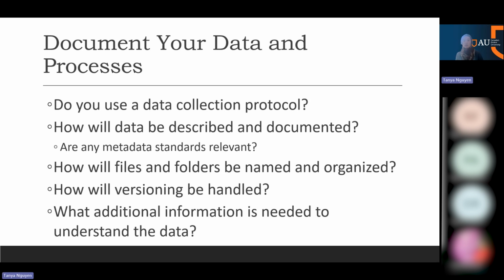A useful thing to do here is to think about how you save things, and if you were going to, for example, come back to revisit your data set 5 or 10 years down the road, did you have enough documentation with your data to know what you did?